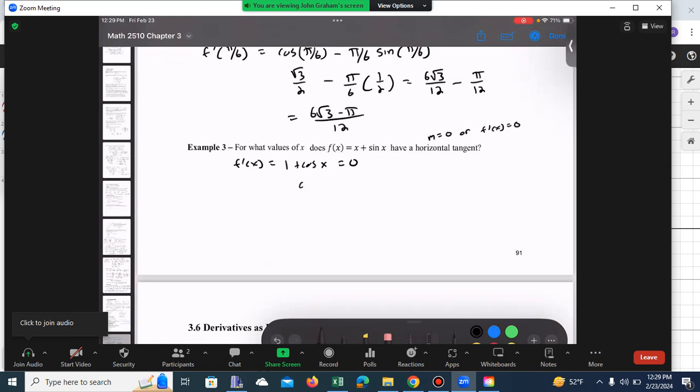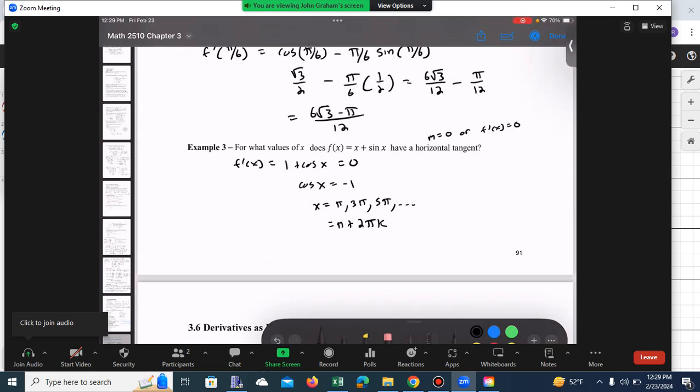So cosine of x would equal -1. So x would equal pi, 3 pi, 5 pi, all odd multiples of pi. We can write this as pi plus 2 pi k, where k can be all integers. Just add 2 pi every time.